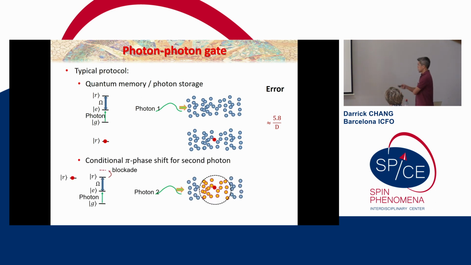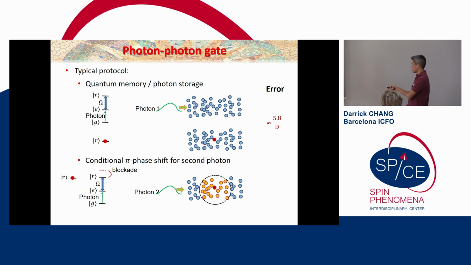The next thing you can do is send in a second photon. And the trick is that if this first photon was converted to a Rydberg excitation, that high-lying Rydberg level can impart very strong dispersive interactions on all the nearby atoms. So you can shift the resonance frequencies of all the nearby atoms, or in simpler language, change the refractive index of some nearby region.